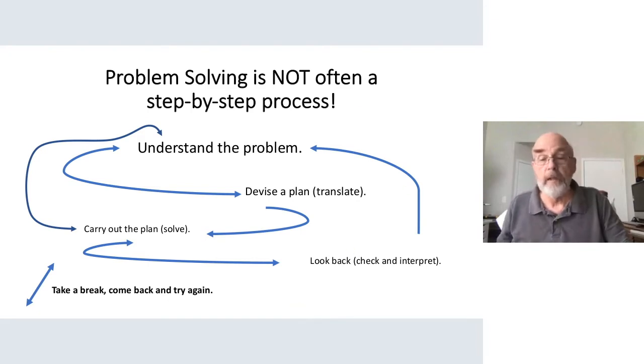Okay. Here's an example. We're going to focus basically on algebraic approaches as our plan for many of the problems we're going to look at today. But there are other types of plans that one could devise. For example, you could have simulations or experiments to help you solve a problem, and you could program those into a computer.